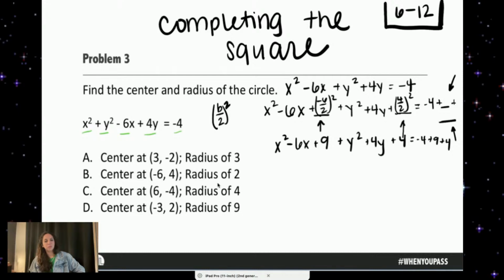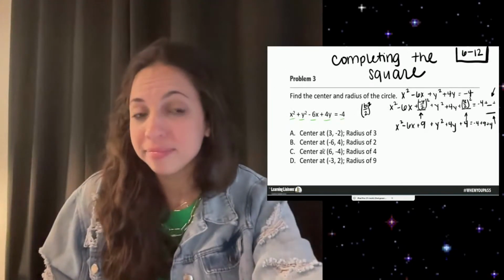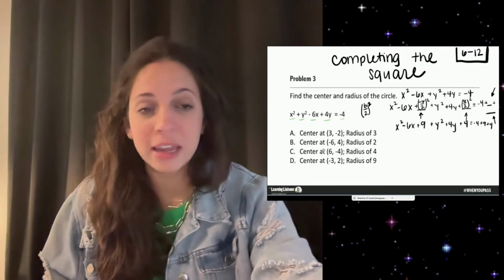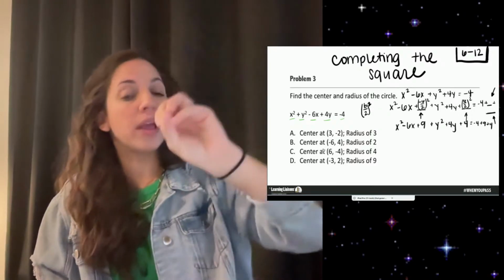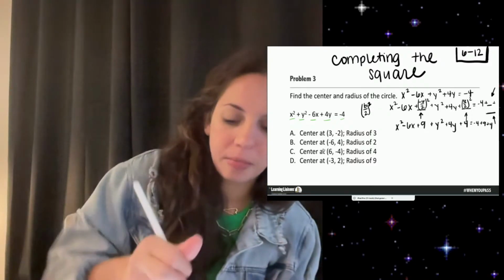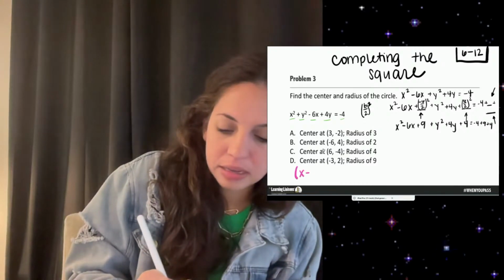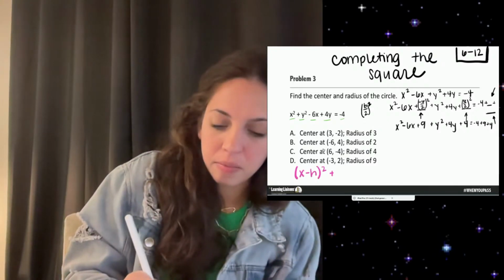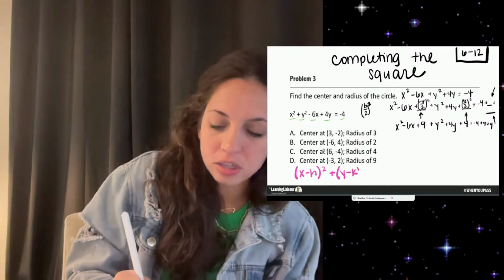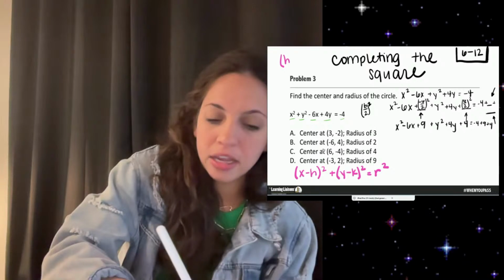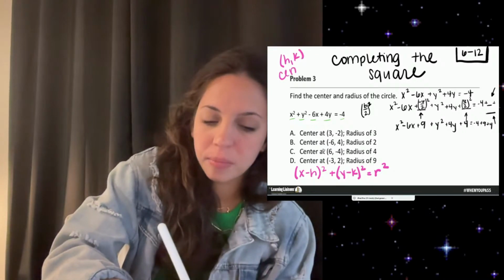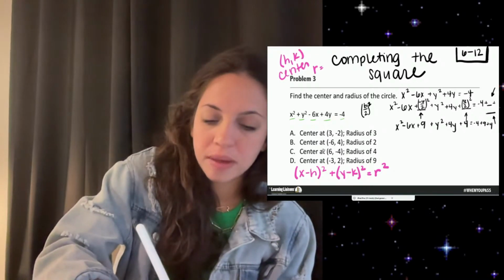Now, technically, I could stop right here. Why? Because I know that the equation of a circle is this: x minus h squared plus y minus k squared equals r squared, where (h, k) is my center and r is my radius.